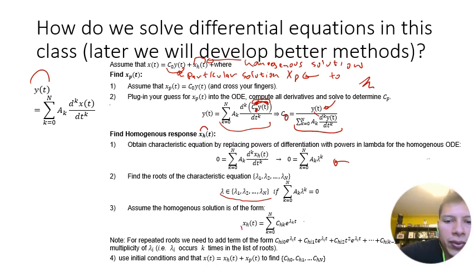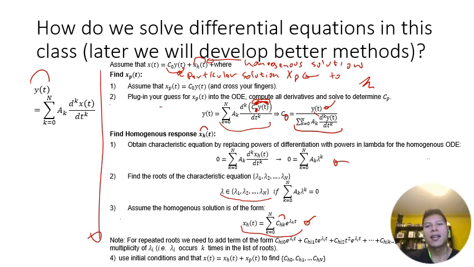Once we have our roots, we get that the homogeneous solution is of this form. And then we plug in all our initial conditions in order to come up with what these coefficients have to be. And that's basically it. That's what I've been doing in the previous slides. This might look a little bit abstract, so if you don't quite follow it, make sure you can follow the process that I did in the previous 3 examples.